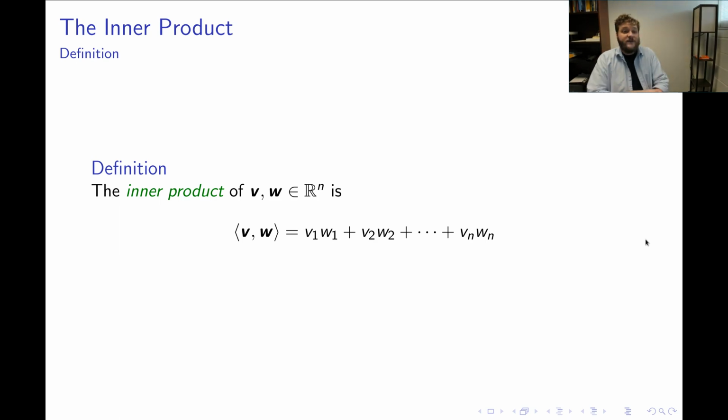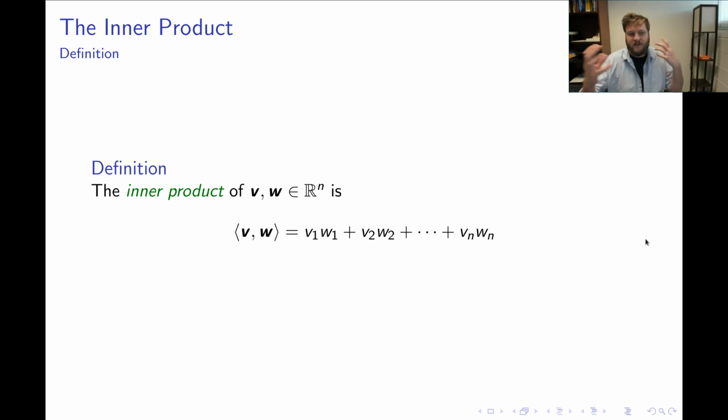Okay, so this leads us to a new important concept which will follow us around throughout the rest of the semester. We've discussed previously how to scale a vector, so you can take a vector and multiply by a scalar. We've discussed how to add vectors together, but we never developed a theory for multiplying vectors together.